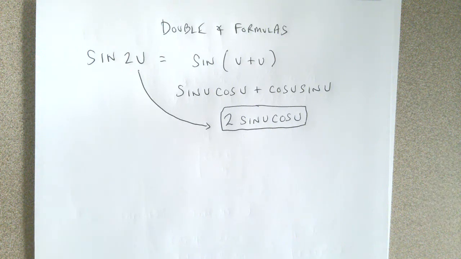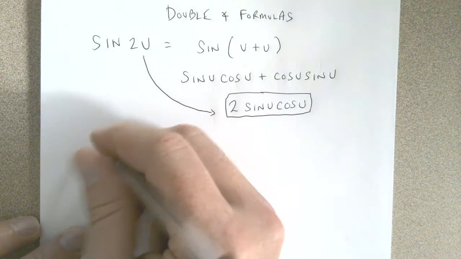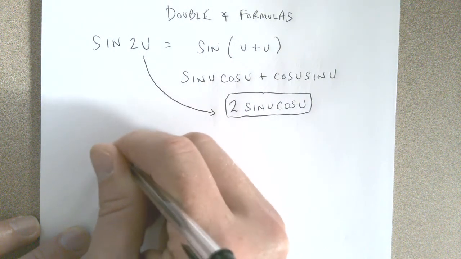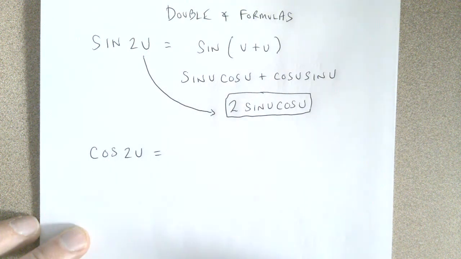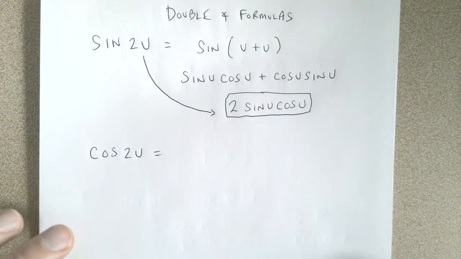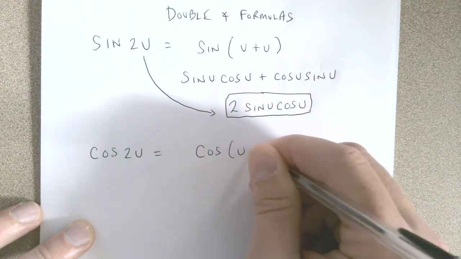So I'm just showing you how we derive these and how we're coming up with these formulas. For the cosine, we've actually got three different forms of the way we can write it. Just like what we just did with the sine, cosine can be cosine of u plus u.